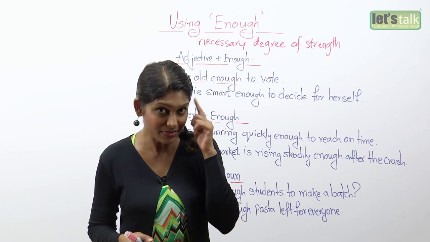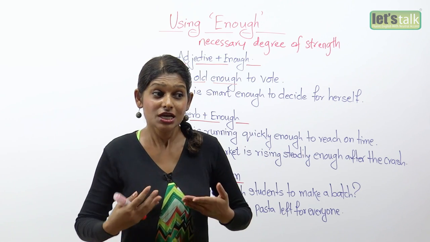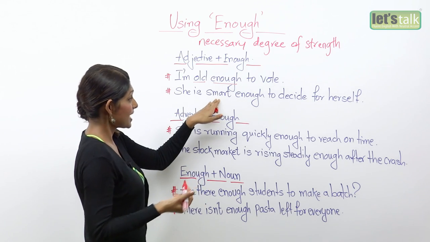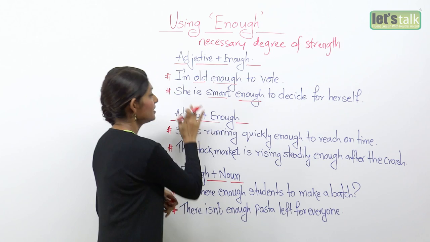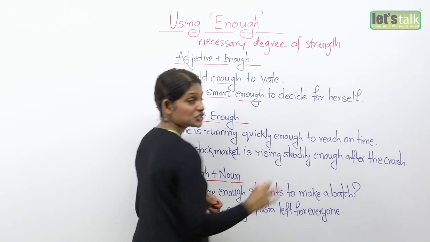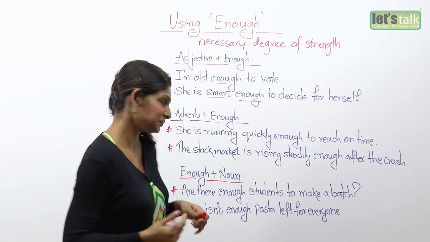So she is smart enough to decide what she should do about that relationship. So in this sentence, as usual, you'll put the adjective before enough. Okay, she is smart enough to decide for herself. She has sufficient intellect to decide about the matter.